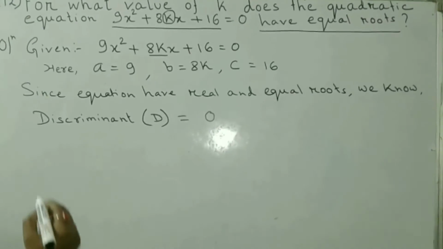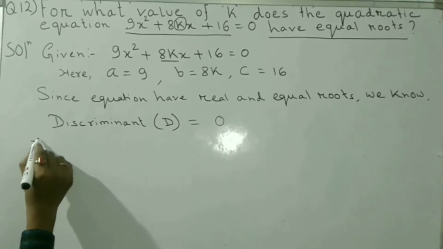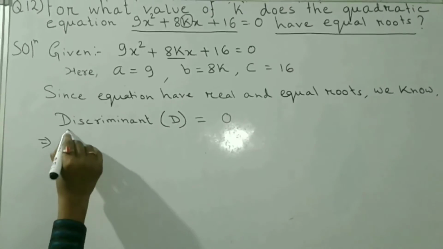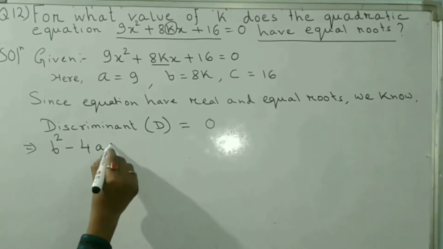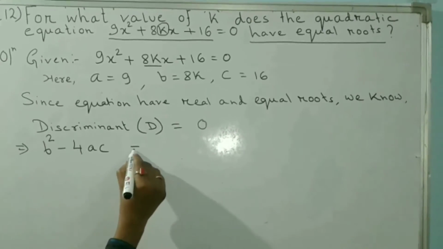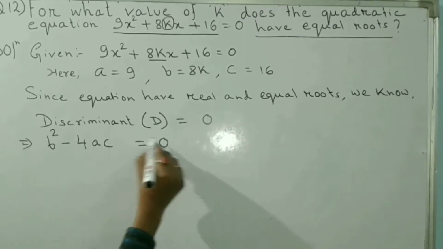Now you know the formula of discriminant is b square minus 4ac equals to 0.